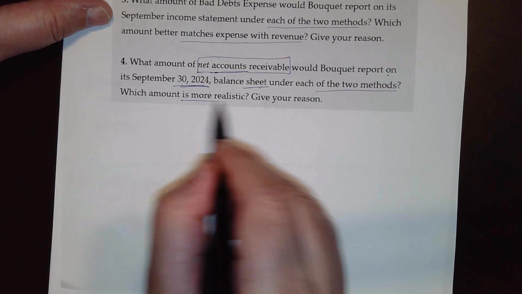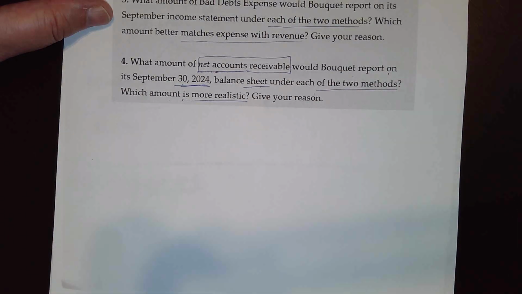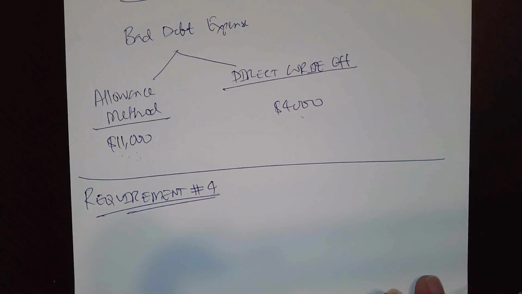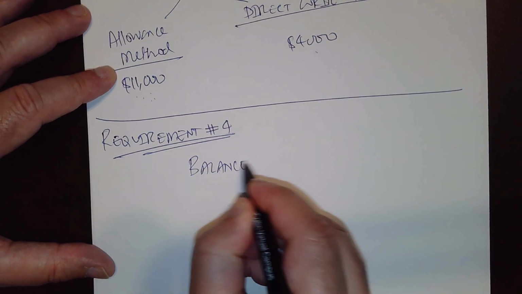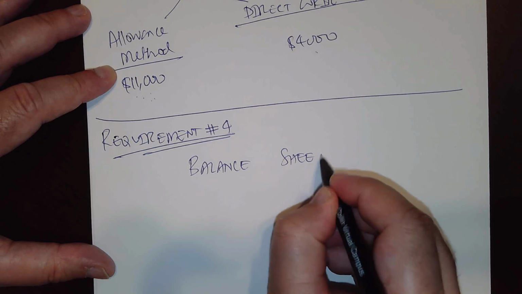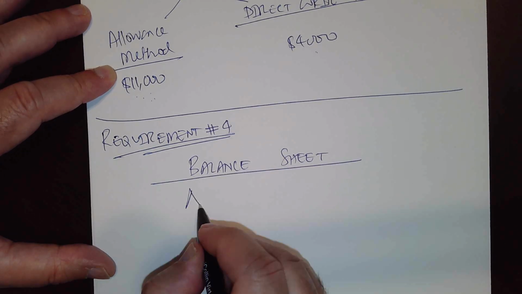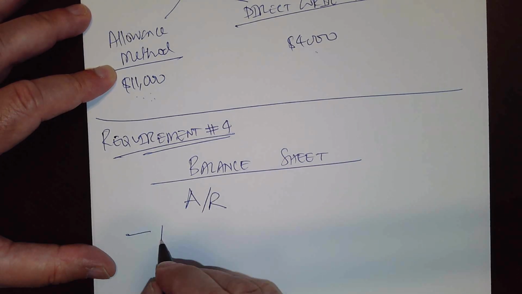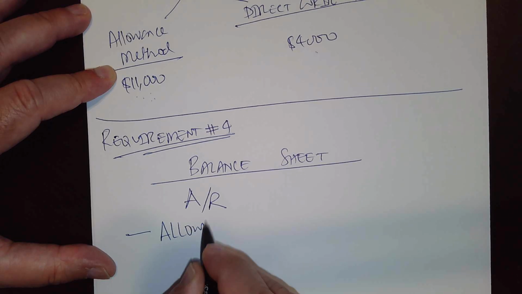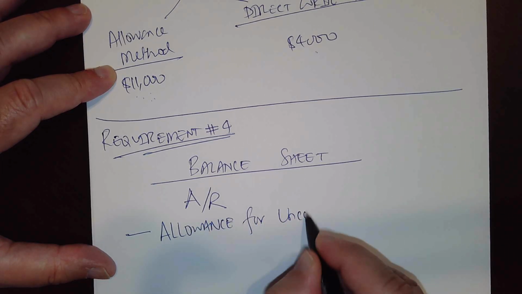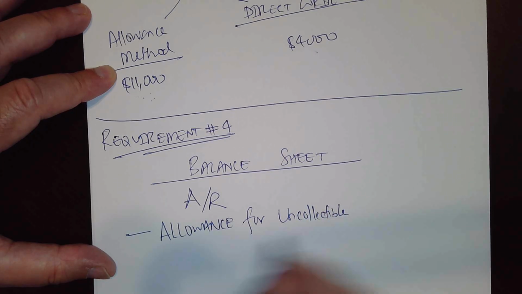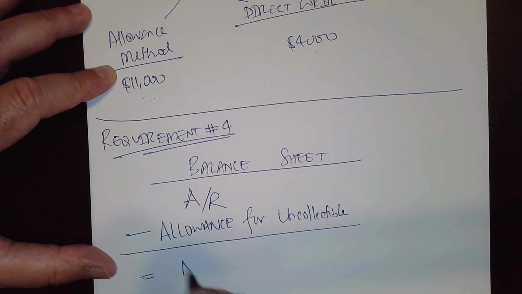Which amount is most realistic? Give your reason. When we are talking about the balance sheet, this is how we list our accounts: accounts receivable minus allowance for uncollectible is equal to net accounts receivable.